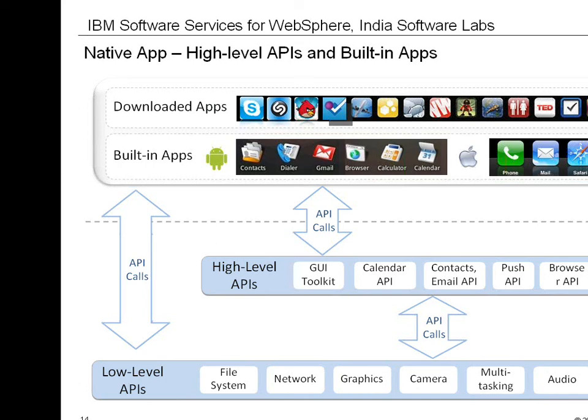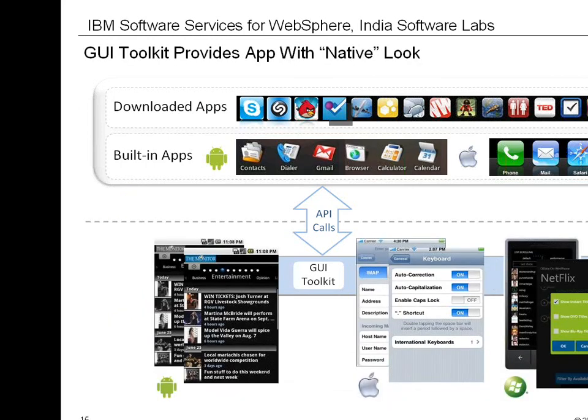Another important set of APIs that the operating system provides is the GUI toolkit. Each mobile operating system comes with its own set of user interface components, which are called native UI components, such as buttons, input fields, sliders, menus, tab bars, dialogs. Applications that choose to make use of these components inherit the look and feel of that mobile operating system.